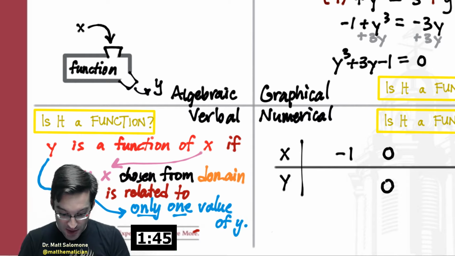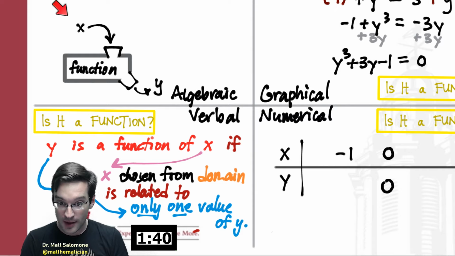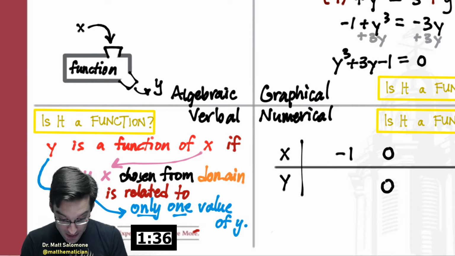And this machine is a function because if I put in a single value for x as an input, every input that I put in is going to spit out a unique output.